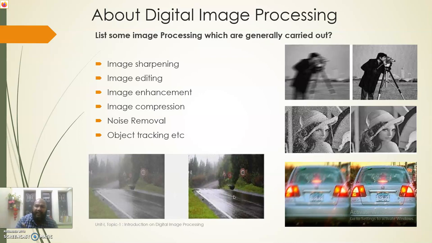Next is enhancement, improving the color quality of the picture, improving the brightness of the picture, improving the contrast. Next is image compression, for supporting data storage and data transmission, the size of the image needs to be reduced, so we are using compression.